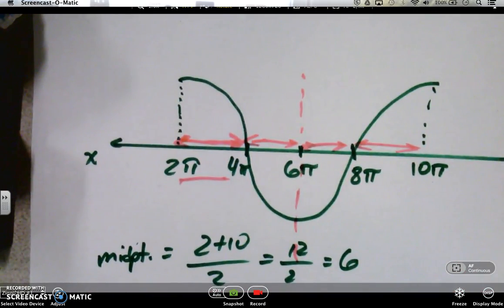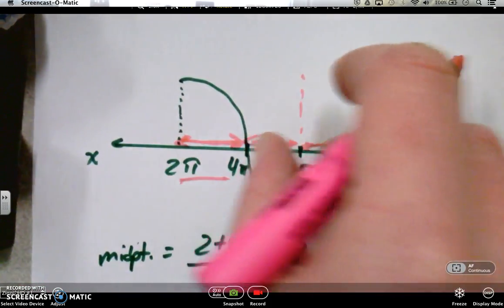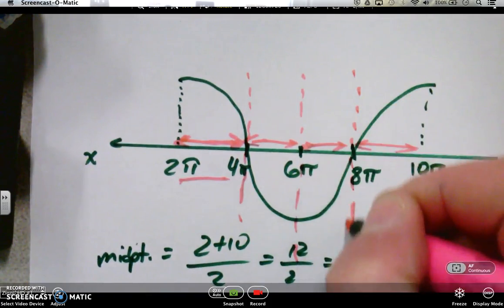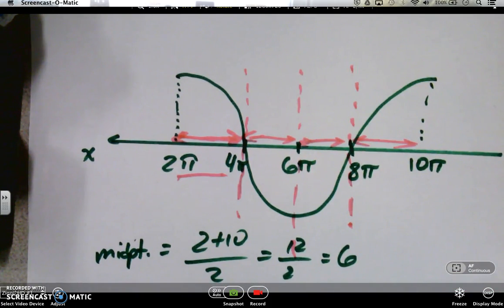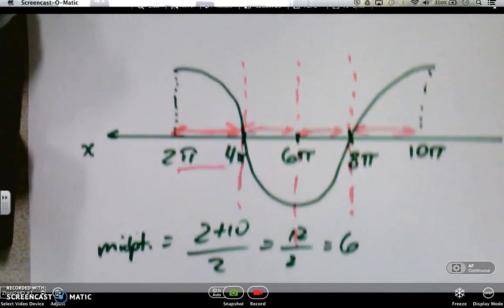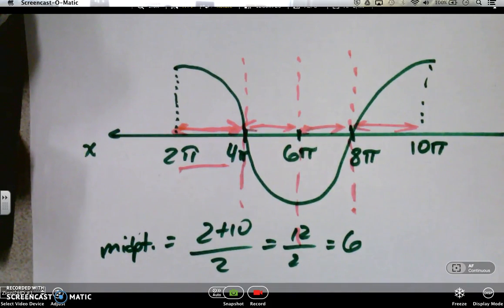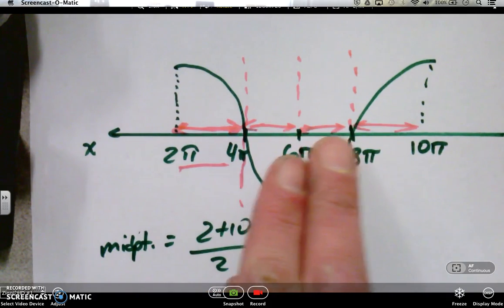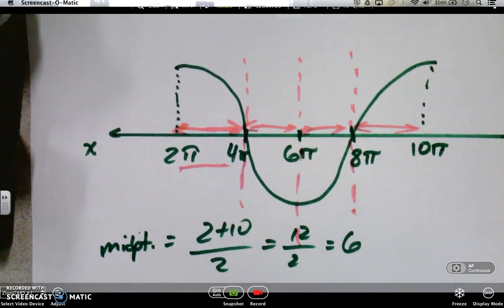It has reflectional symmetry. And interval-wise, each one of these intervals is the same amount of spacing. Hopefully that helps with your drawing. You don't need to put all these ugly dash lines. That was just to show you that this part is the same distance as this part, the same as this, as this, over and over again.